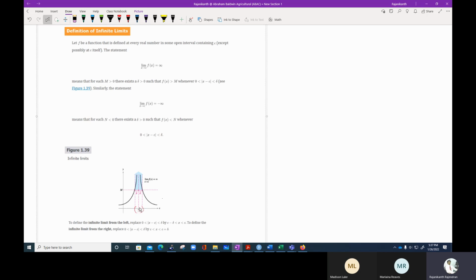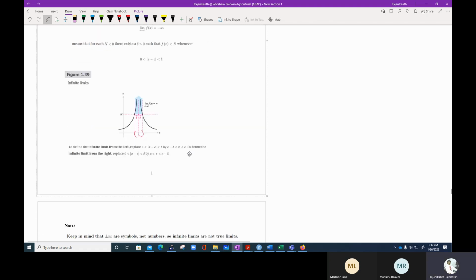In this scenario we say that the function has infinite limits. It could be negative infinity or positive infinity.